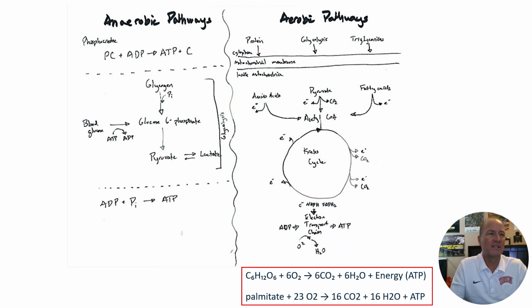Now, over in the anaerobic pathway, one of the byproducts of anaerobic production of ATP is the production of lactate, or lactic acid. One of the fates of lactic acid is that it's buffered. And when it's buffered, you end up with a lot more carbon dioxide that you have to exhale.